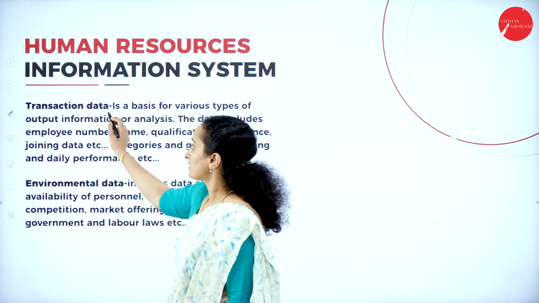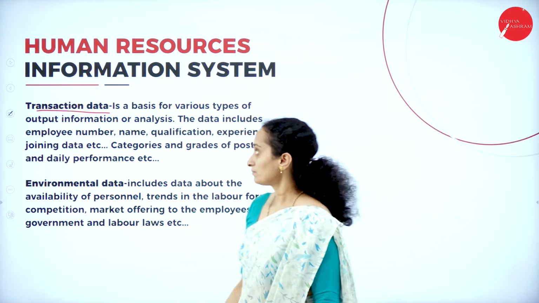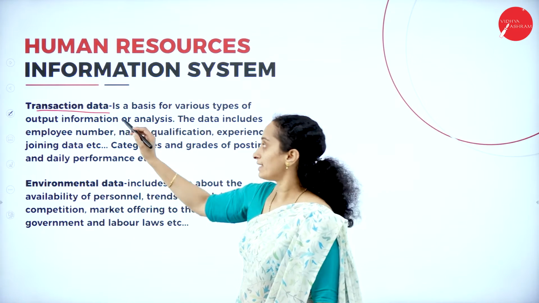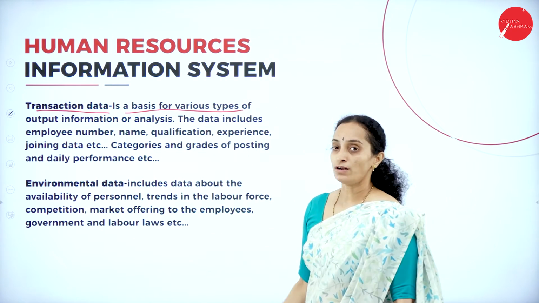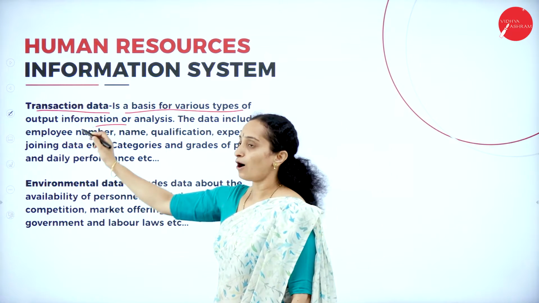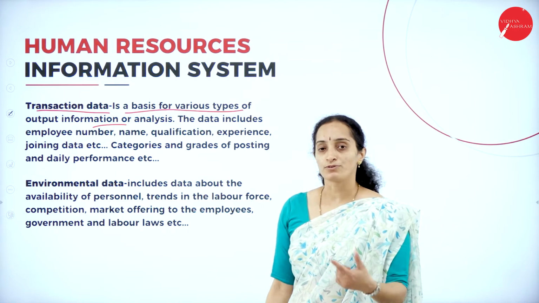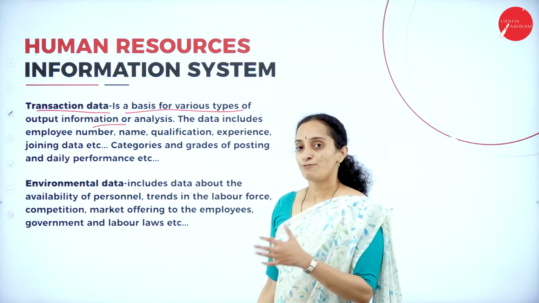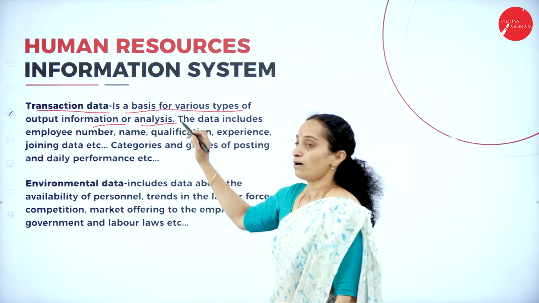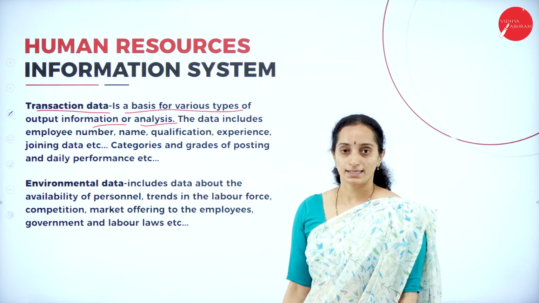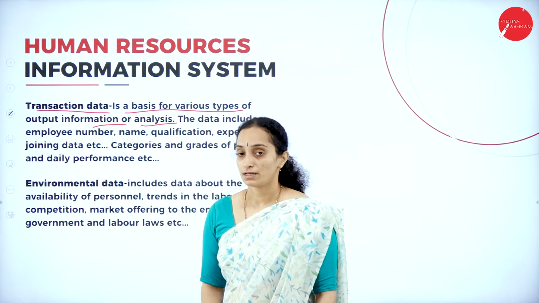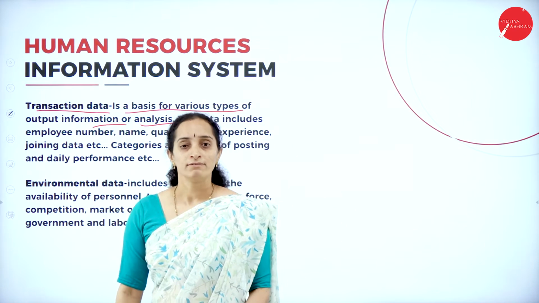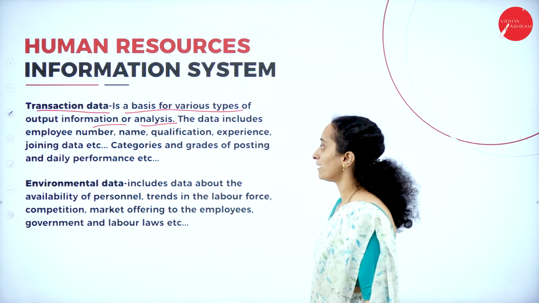First is the transaction data. The transaction data is a basis for various types of output information. So how do we get the information? It is from the HR department. How to analyze the performance of the employees will be done by the HR department.